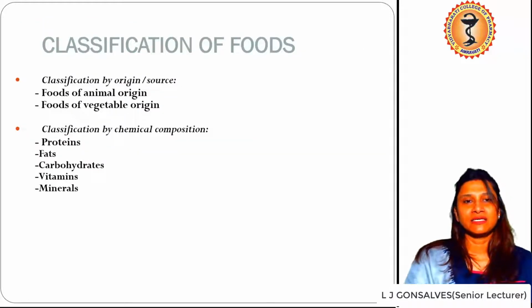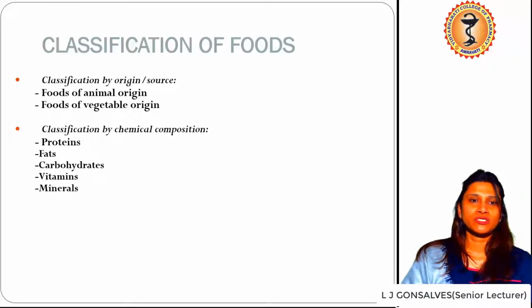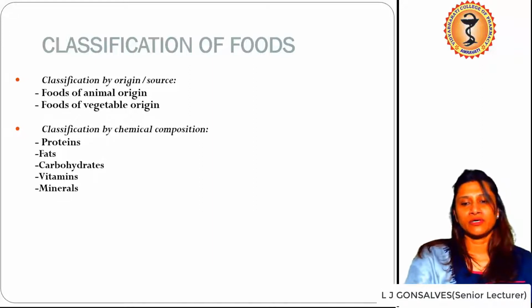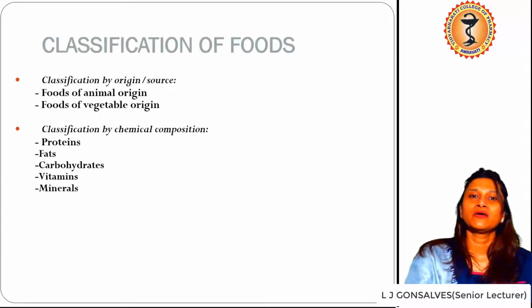Now we'll see the classification of food. There are three classes of food. The first class implies the classification by origin or source. The second class is by chemical composition, and the third class is by predominant functions.